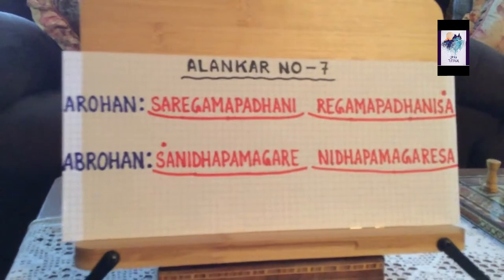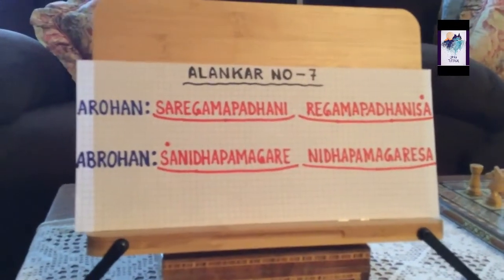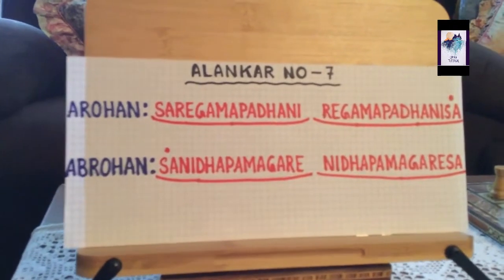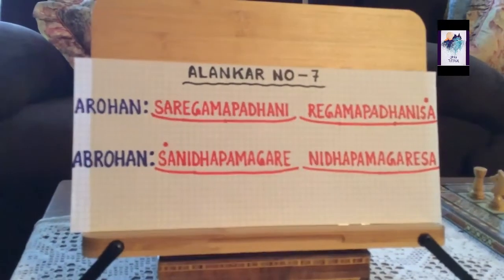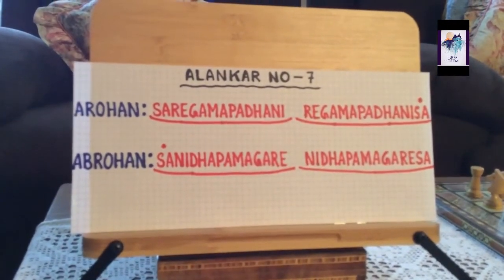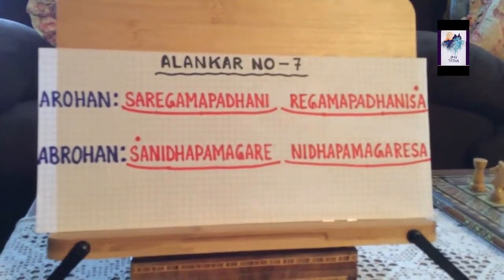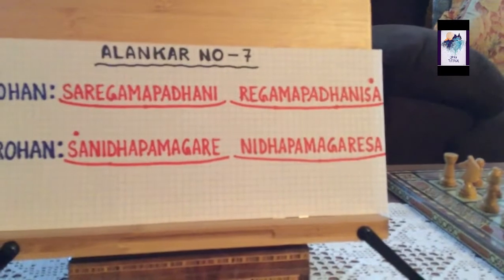Last means whatever you have learnt yet. Okay, Alankar number 7, I have tried to write down in one line. You have to write in this way. Arohan: sa re ga ma pa dha ni, re ga ma pa dha ni sa.